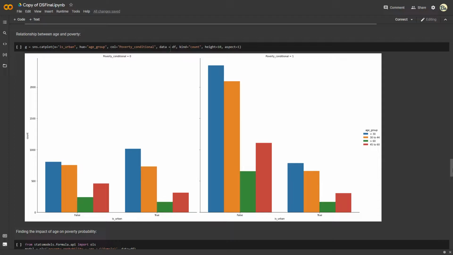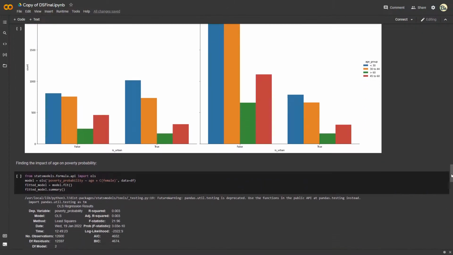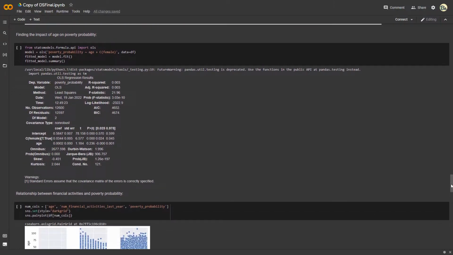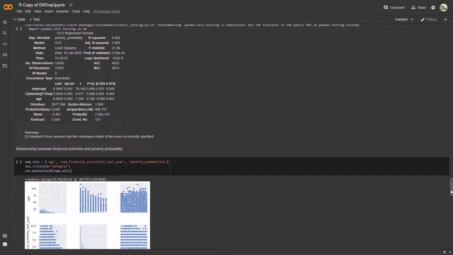This then slopes down, and after that, the 60 age group has a lesser poverty level. And here you can see the impact of age on poverty, with various ages.